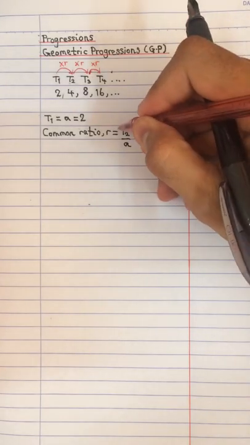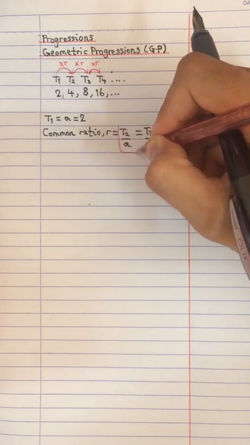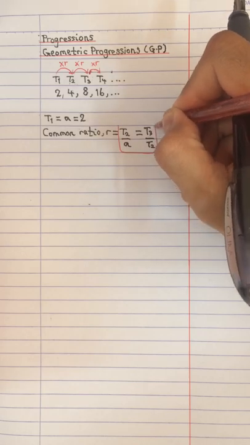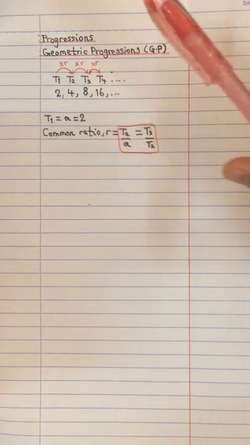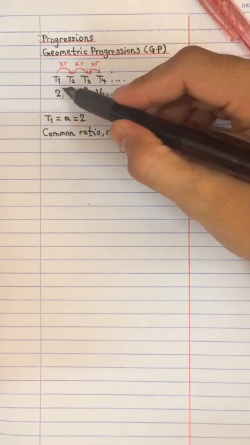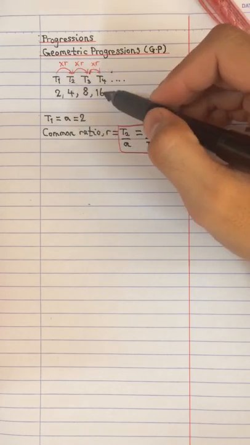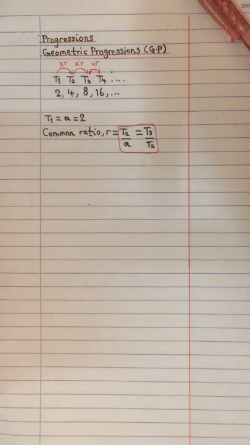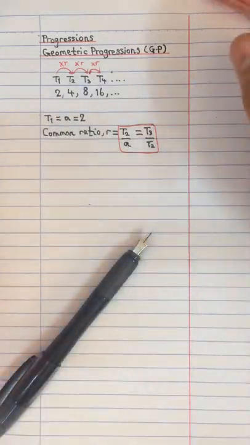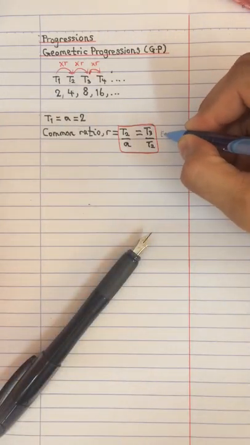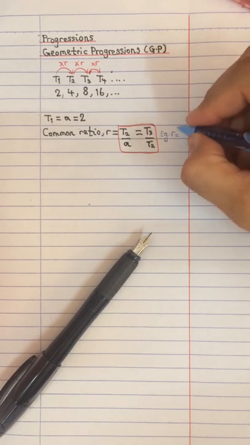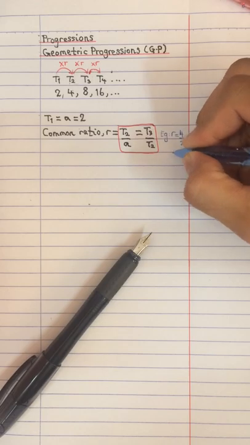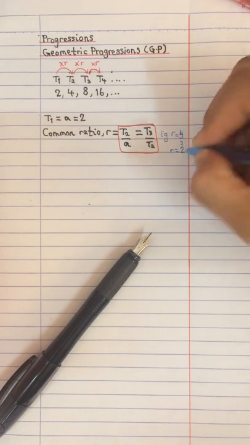This formula is not given, you must memorize it, and this concept is very easy. To find the common ratio, you simply take 4 divided by 2, or 8 divided by 4, or 16 divided by 8. In this case, the r will be 2.